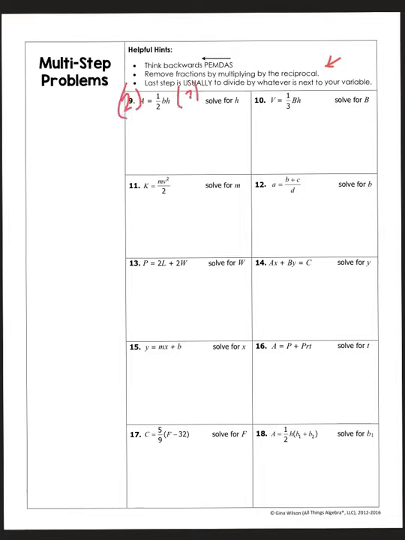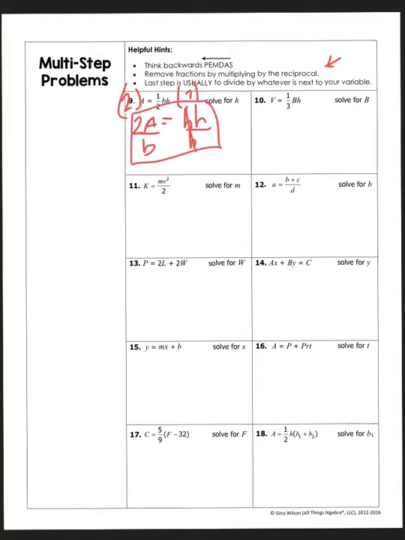All right, so 1/2 goes away, and we have 2a equals bh. Well, now we have to get rid of the b. So since b is being multiplied by h, I'm going to divide it. Okay, so when you divide, b cancels out, and h equals 2a divided by b.